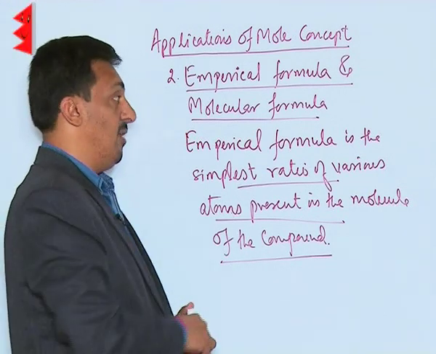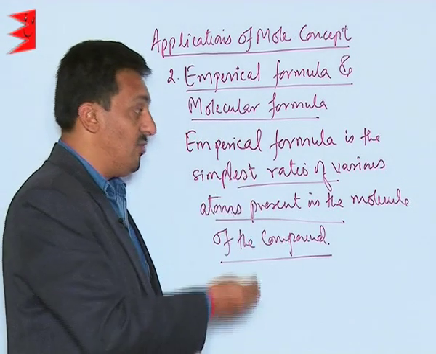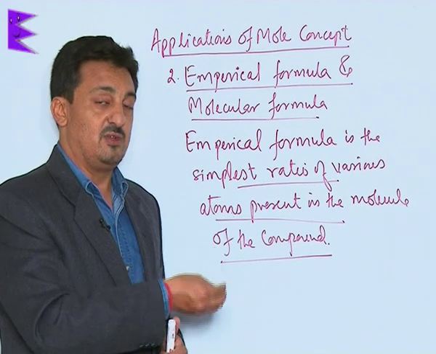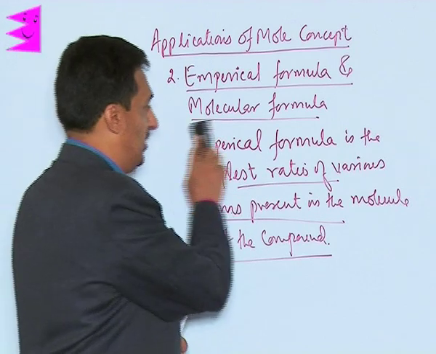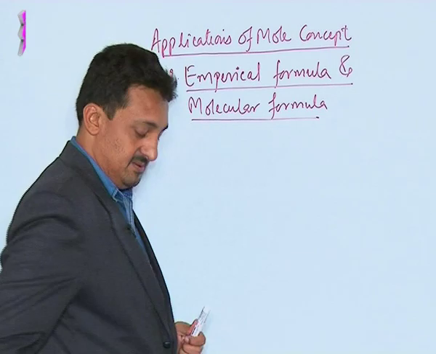And then what is molecular formula? It is the actual number of atoms of the different elements present in one molecule of the compound. So let me write down for you what the molecular formula is.